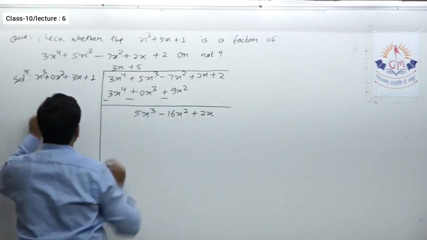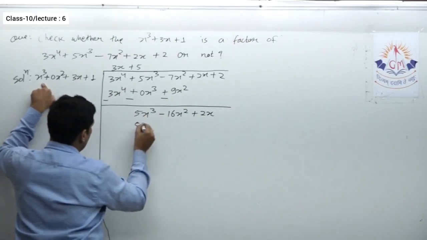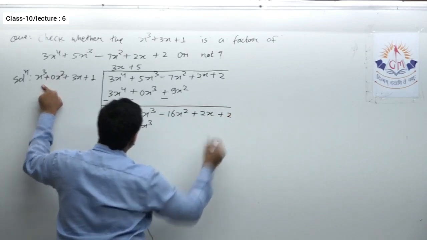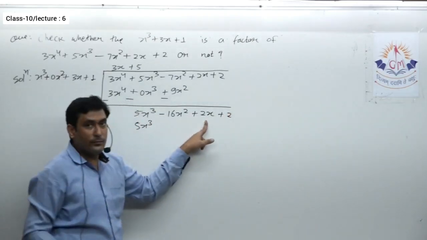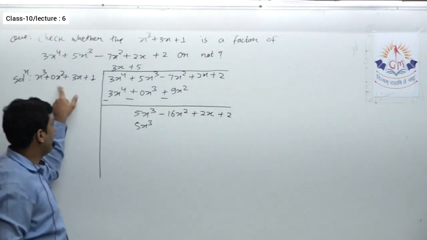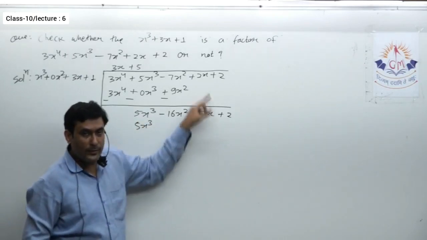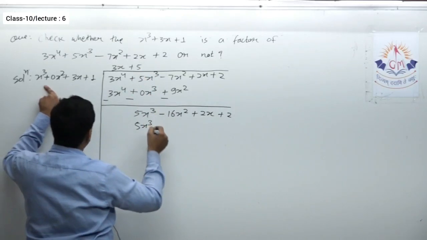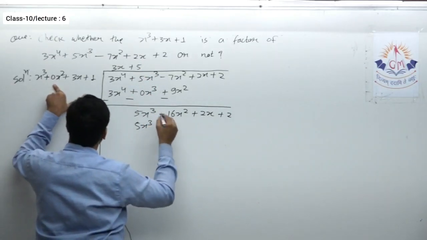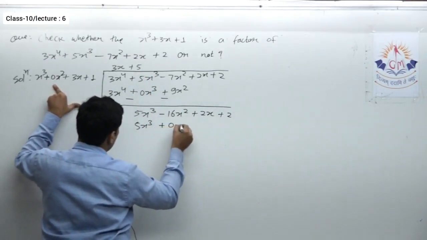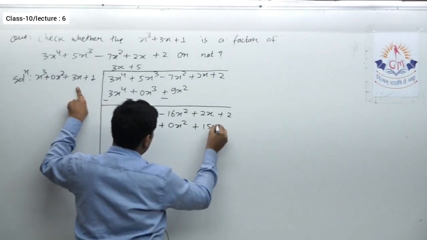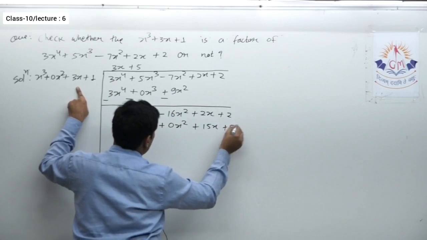When I multiply with plus 5, this will become 5x cube. Here I have to bring down 2. Why? Because there are 3 terms over there and we need 4 terms, so I brought down 2. Now plus 5, so 5x cube, with this it will become 0x square plus 15x and plus 5.